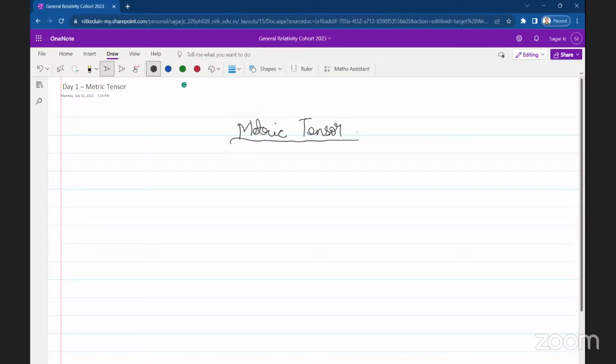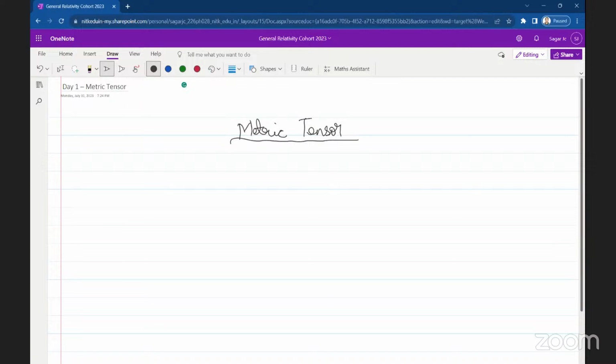So today we'll be dealing with one of the most important tensor quantities. The entirety of general relativity can be said to have as its main idea finding the metric tensor. If you know Einstein's field equation, its aim is to solve for the metric tensor.